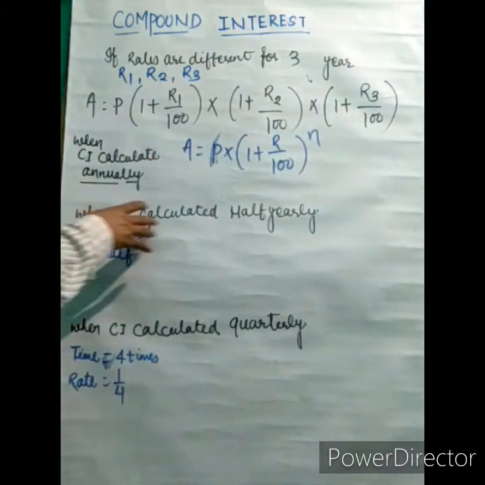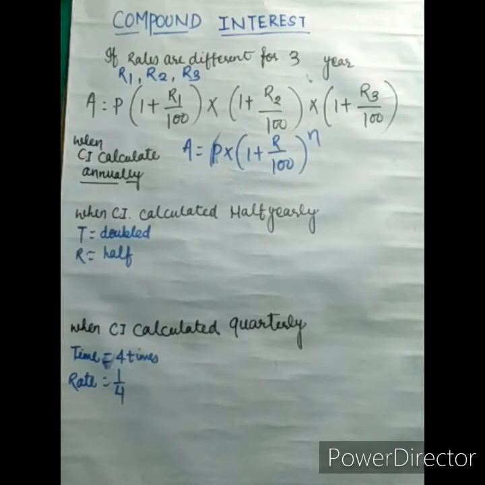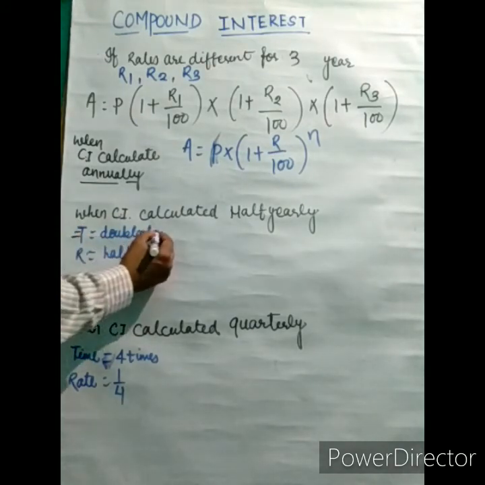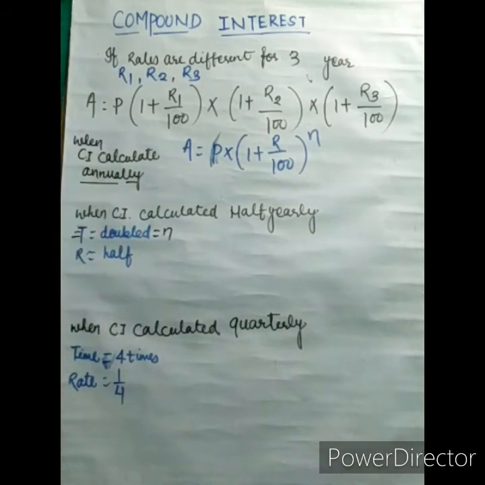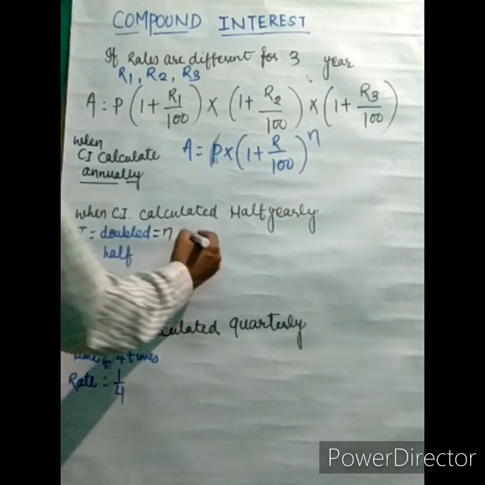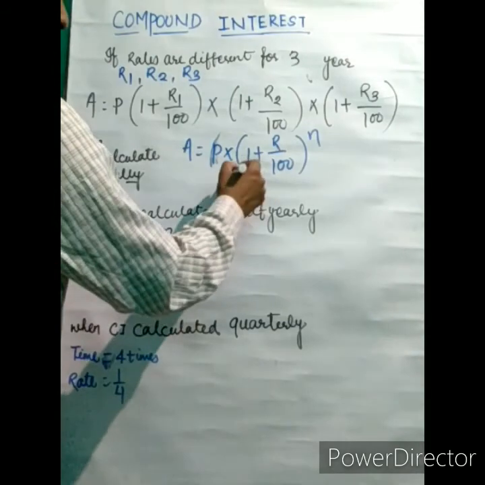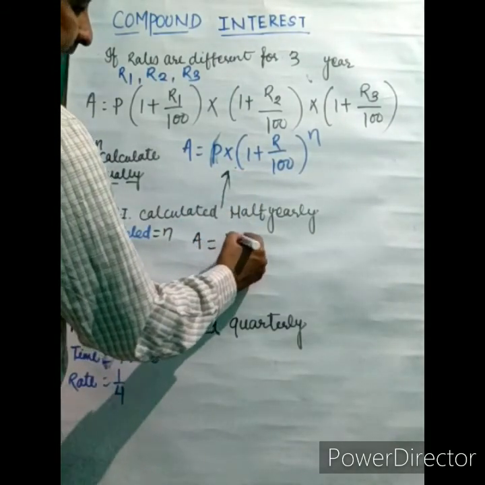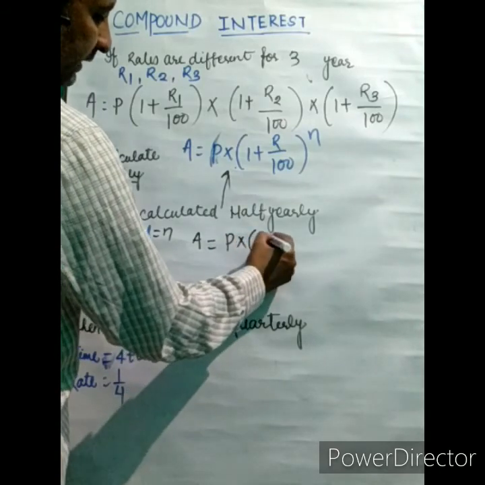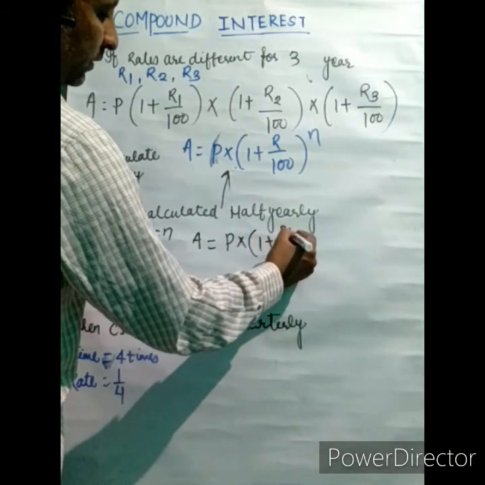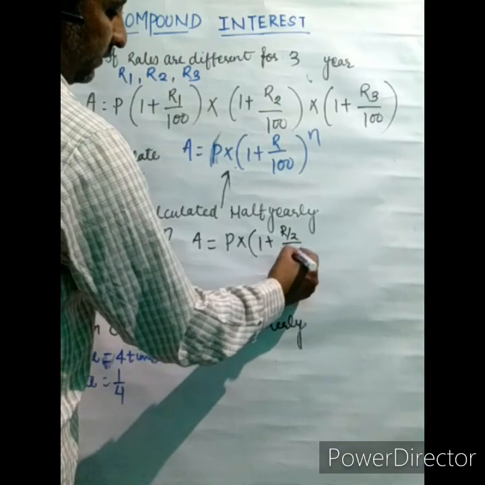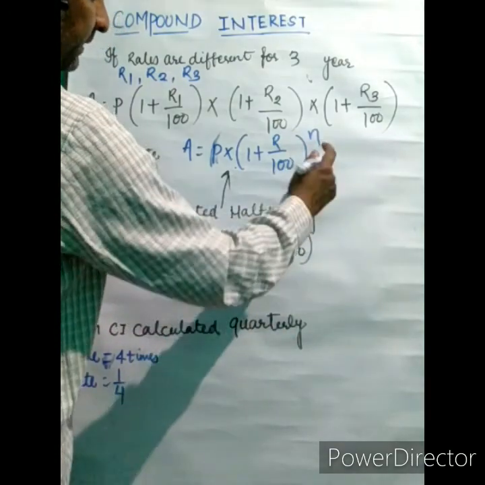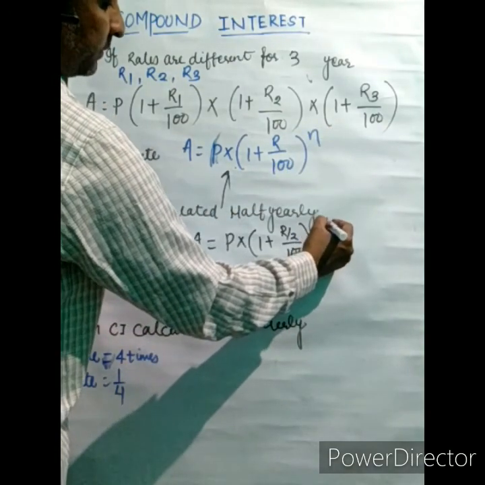Now if the rate of interest is calculated half yearly, in that case the time n will become doubled and the rate r will become half. So in this formula, amount equal to principal into 1 plus r over 2 over 100, and n will become 2n.